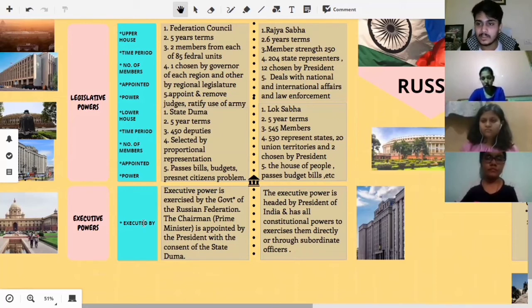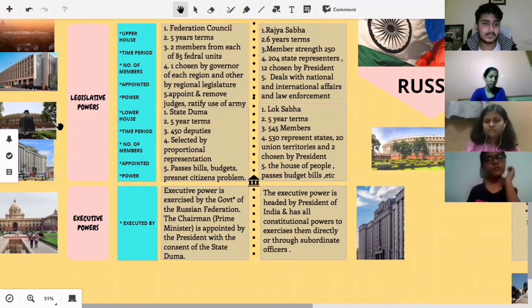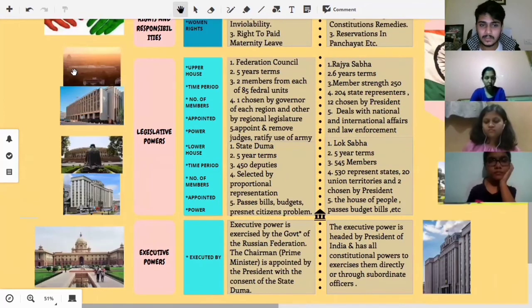The president of Russia is Vladimir Putin, and he chooses the prime minister with the consent of the State Duma. And in India, the executive power is headed by the president, who has all the constitutional powers and exercises them directly or through subordinate offices.